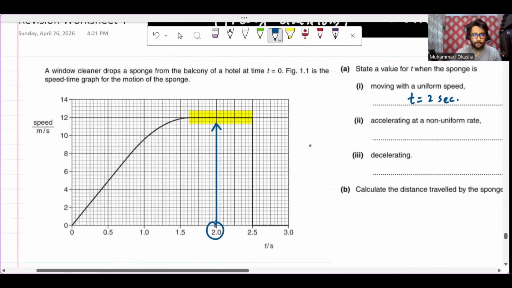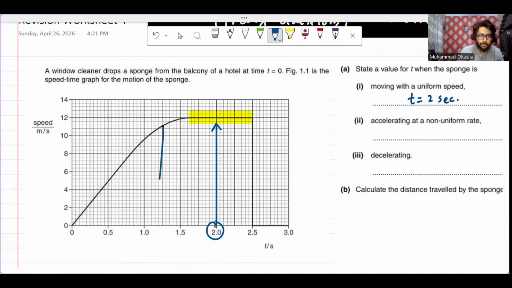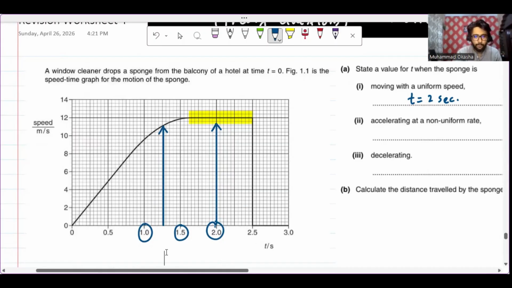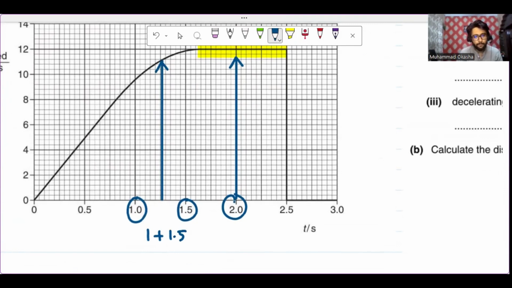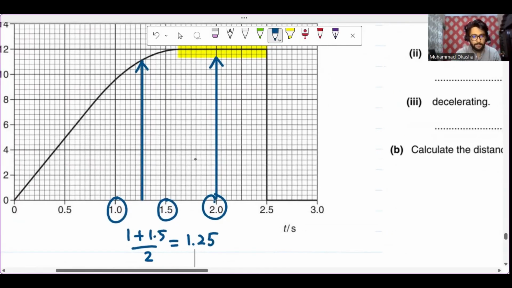Accelerating at a non-uniform rate. Initially it is accelerating uniformly, but somewhere at this point it is accelerating non-uniformly. What is the midpoint between 1 and 1.5? You should do 1 plus 1.5 divided by 2, and you should get 1.25.